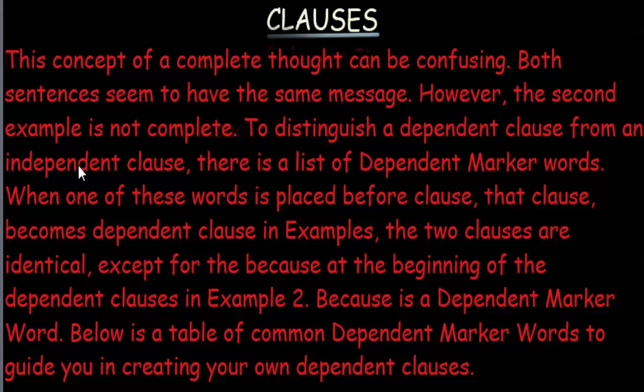To distinguish a dependent clause from an independent clause, like I've explained, there is a list of dependent marker words. When one of these words is placed before a clause, that clause becomes dependent.